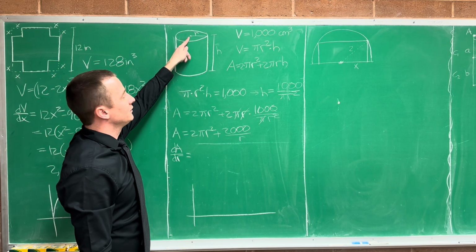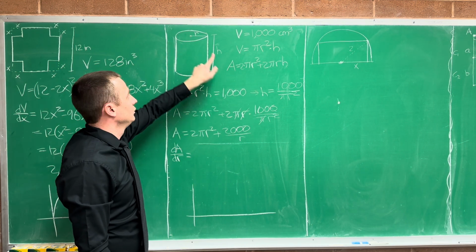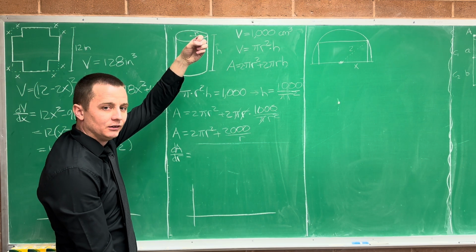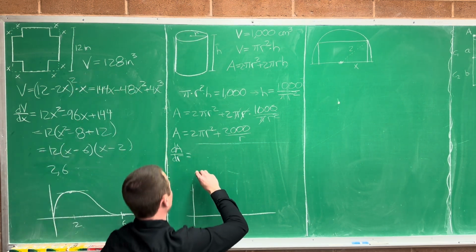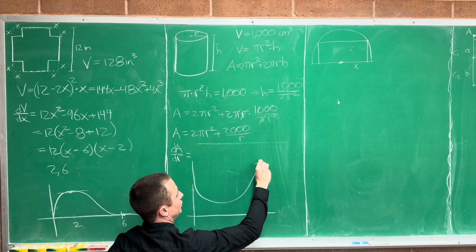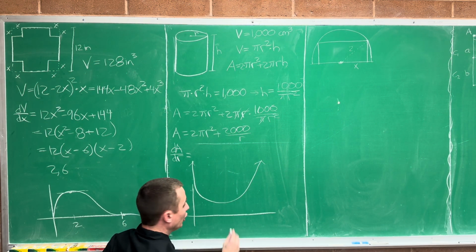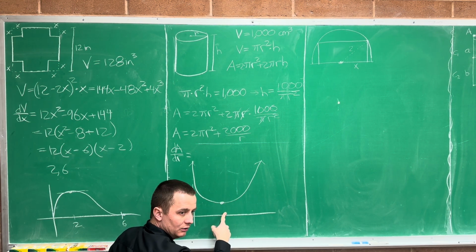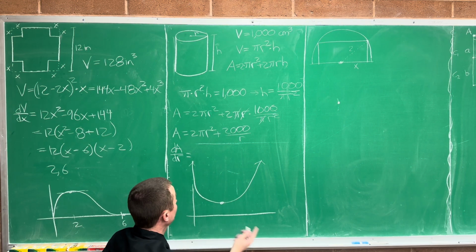If I make the radius 0 and my volume has to be 1,000, what does my height have to be? Infinite, right? So this thing shoots up to infinity and it comes down and goes something like that, whatever it does. And we're looking for the minimum here. What r gets us the minimum surface area? The local min. Yeah, so we're looking for the local min.